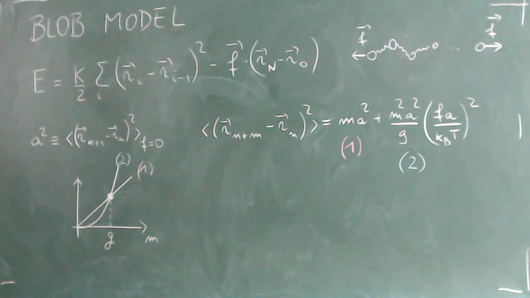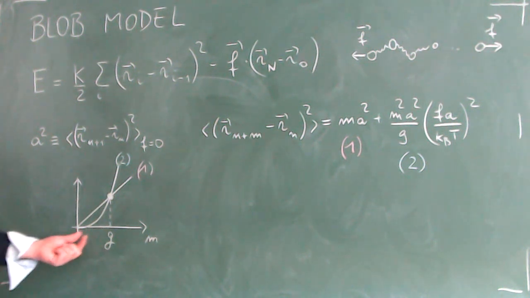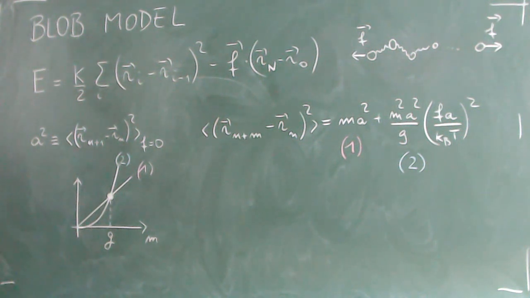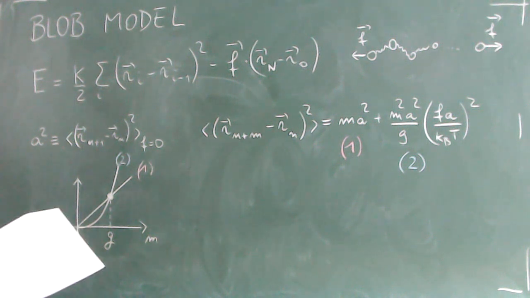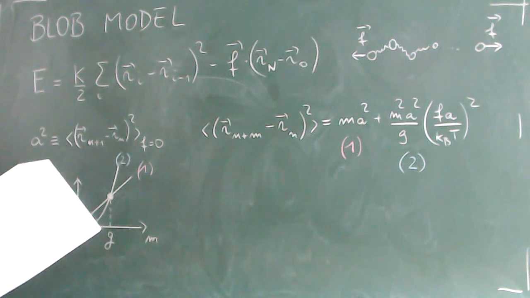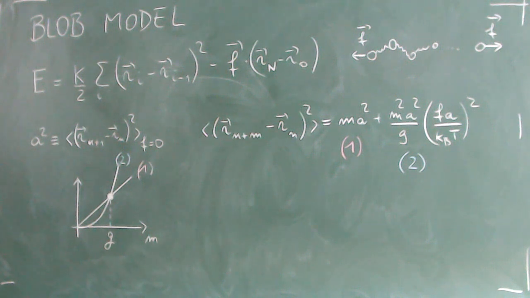It means that for monomer distance much smaller than g, this is dominated by the first term, the 1, and for m much larger than g, this is dominated by 2, okay? But what is 1? This is the scaling law that we have for free polymers. For free polymers, the average square distance between two monomers scales as m a squared.